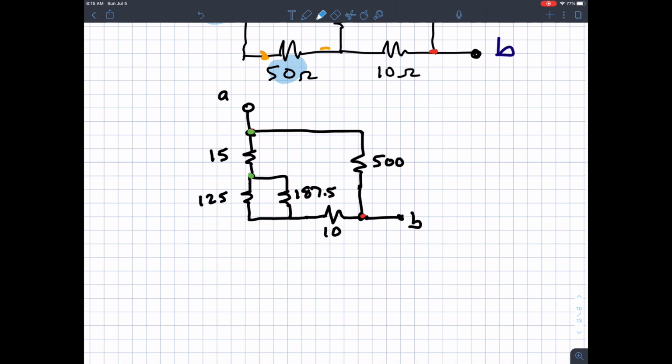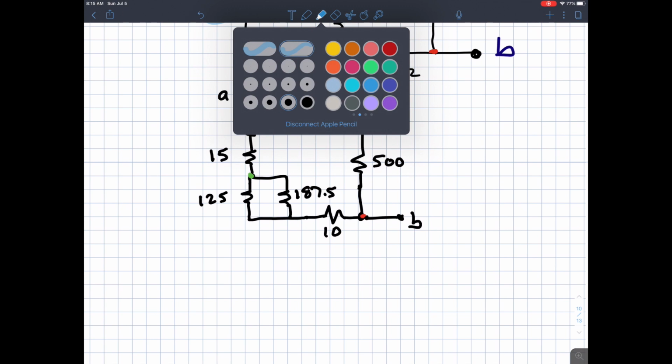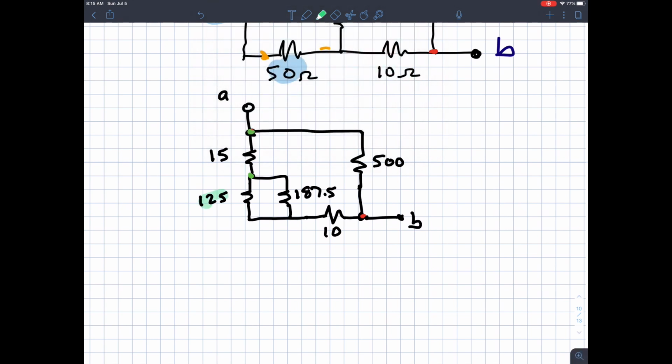The way I see it next is, here's a couple of things that are in parallel. These two resistors, let's make parallel be green. These two are in parallel, and the way you see parallel is it's the same voltage across each of the two. I think parallel is a little harder to see.